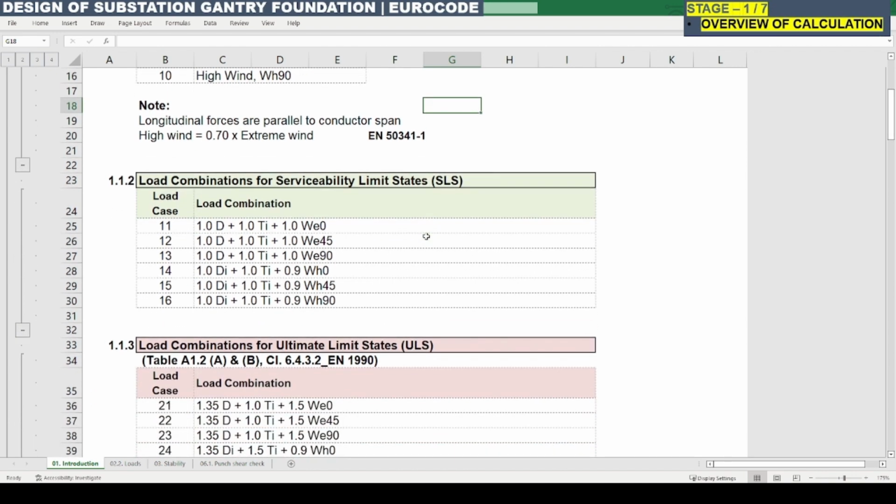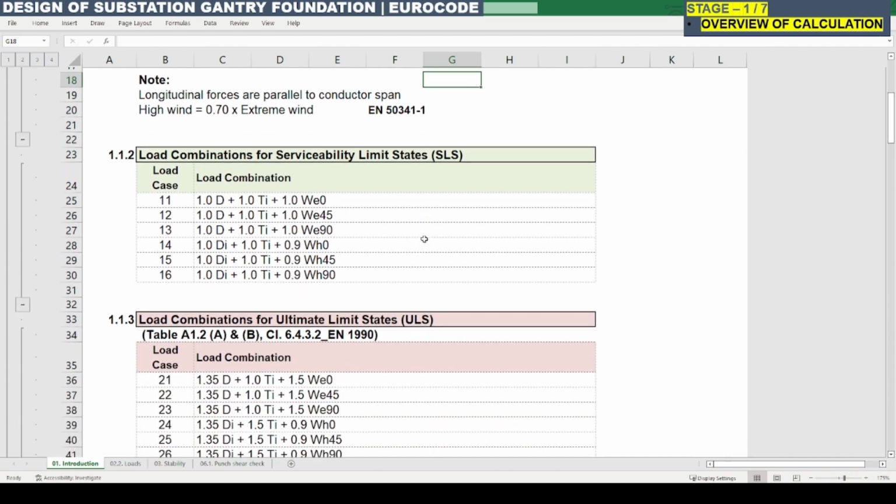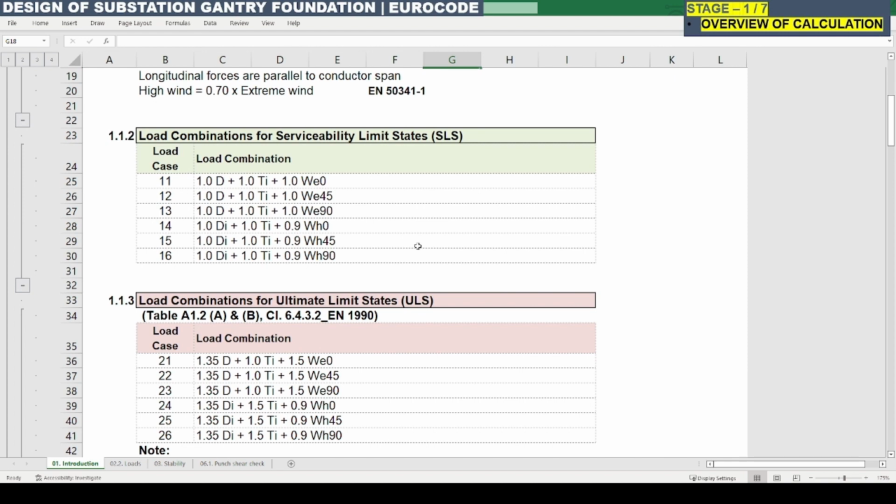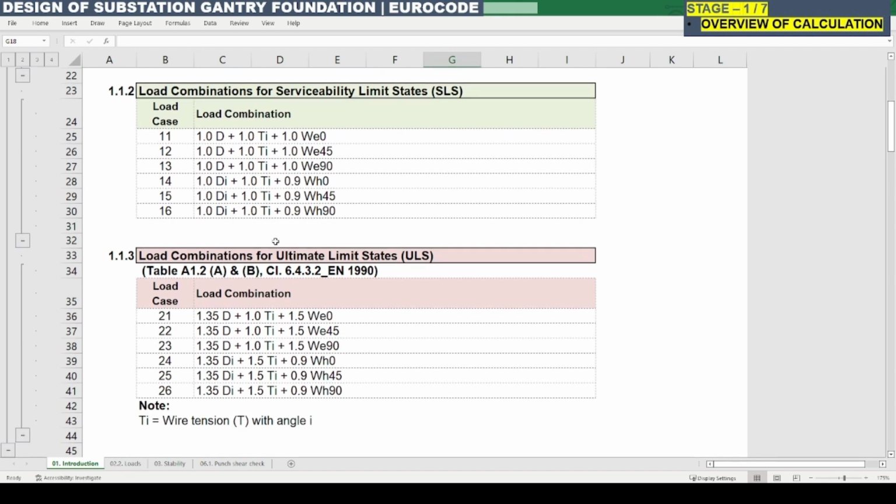Next, coming to the load combinations, there are two types of load combination. One is the serviceability limit state. This is required to check the stability. The second one is the ultimate limit state, ULS. For this, various load combinations are explained in EN 1990.